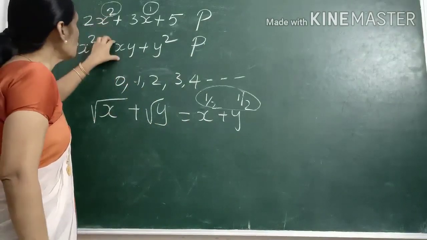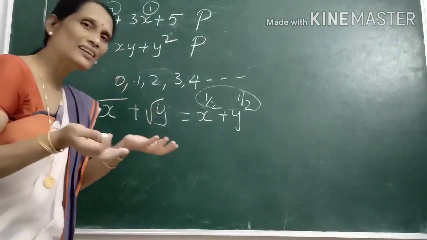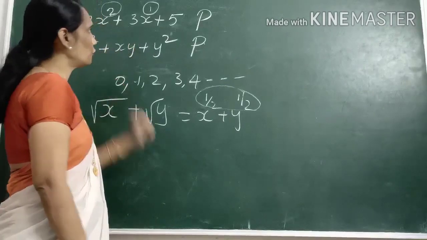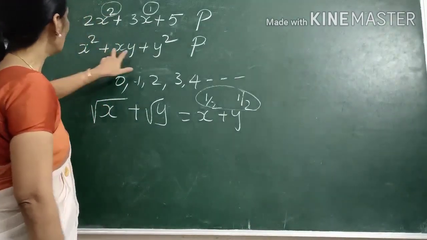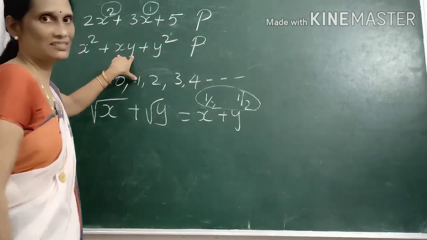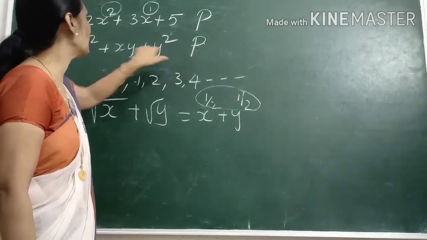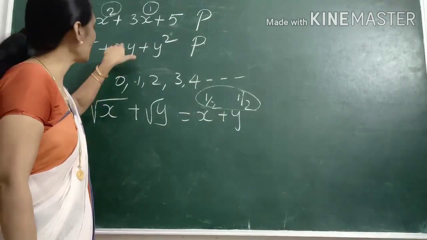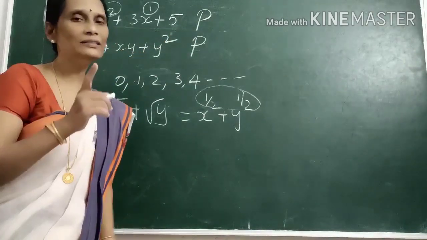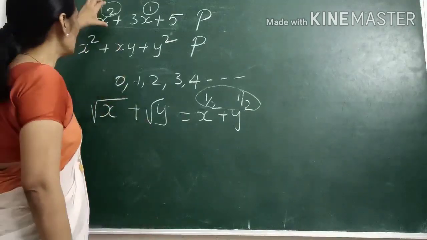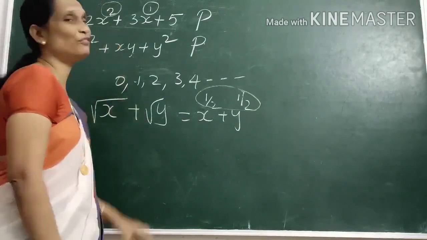Then in these two polynomials, do you find any difference? These two are polynomials, no? Do you find any difference? Yes. Here there are two variables. This is a polynomial in two variables, x and y. But here there is only one variable, so this is a polynomial in one variable.